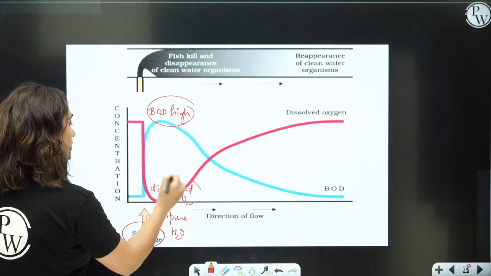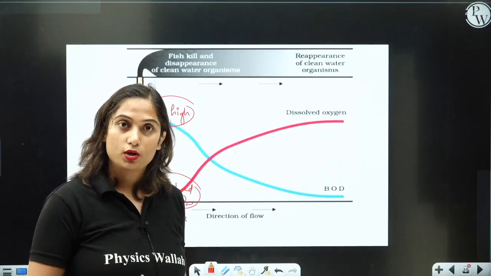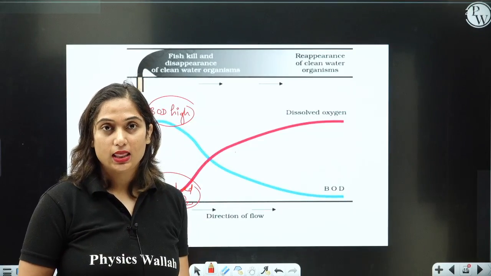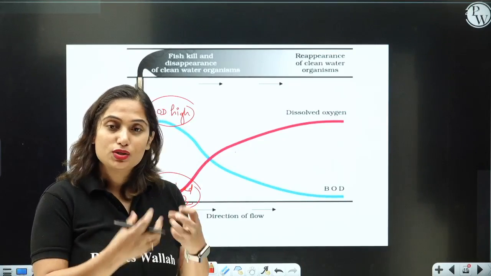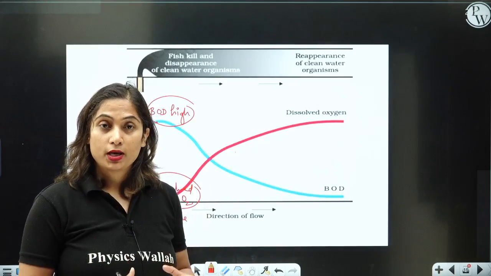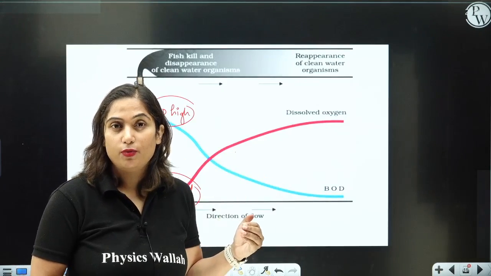If the water is impure, then the amount of oxygen present in the water will be very less, because the bacteria present in the impure water will use that dissolved oxygen, right? So in impure water, the BOD will be very high, but the dissolved oxygen will be very less.